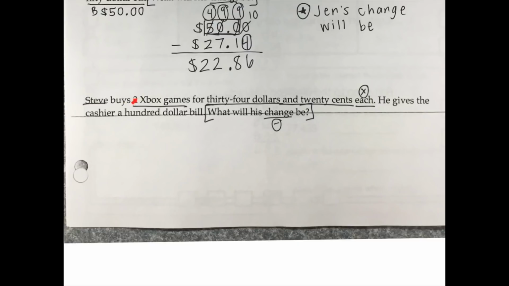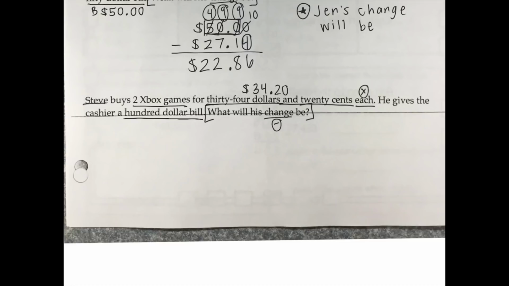I have the number 2 right here for Xbox game. And then this part right here, the part that he paid, $34.20, that's in word form. Let's put it in standard form so we can deal with the numbers. So $, 34, and is my decimal point, 20 cents. But I also have a third number, and that is $100 bill.